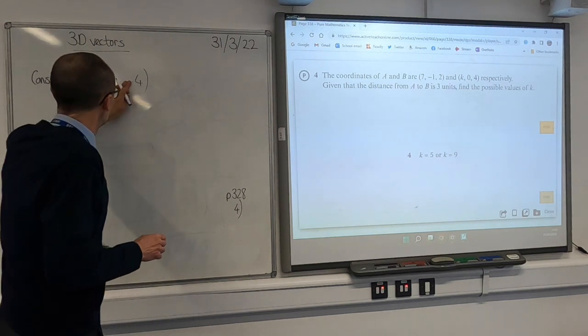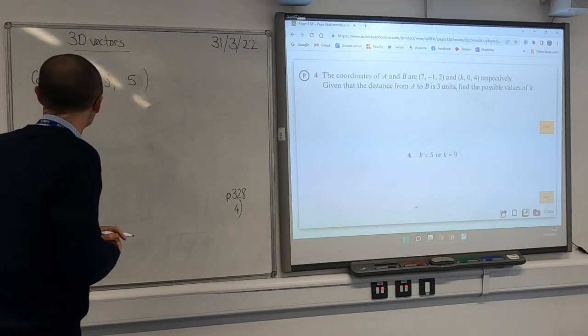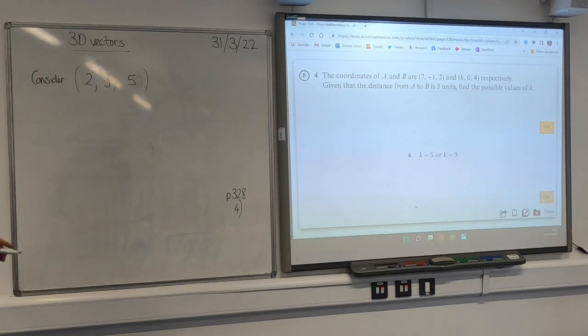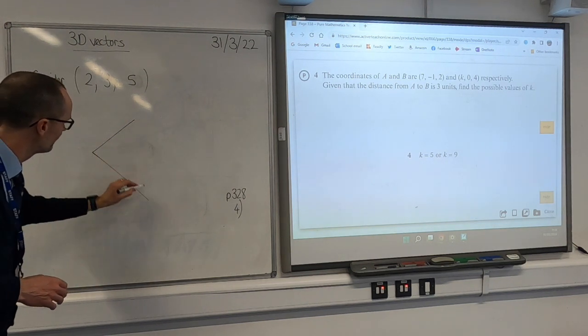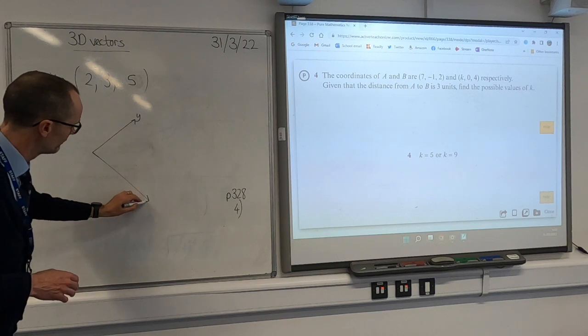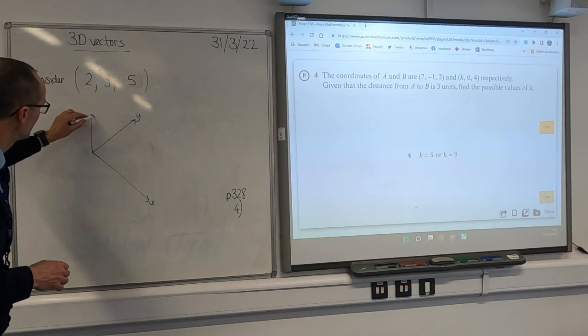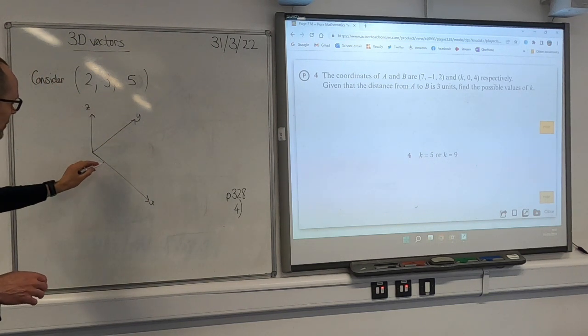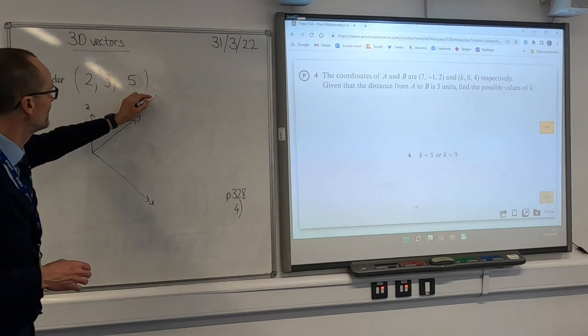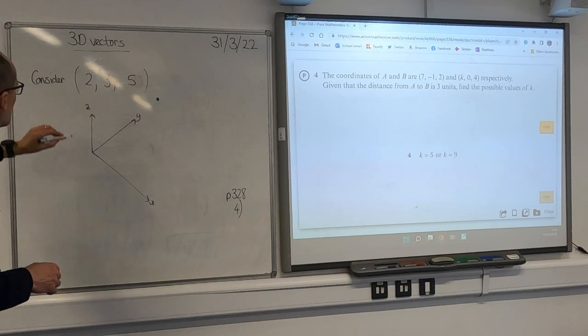I'm going to make it positive, actually, sorry. So here are my axes. So along 2, up 3, up 5, so I don't know, it's up here somewhere. Let's call it point A.